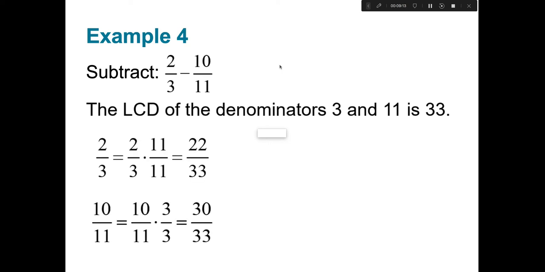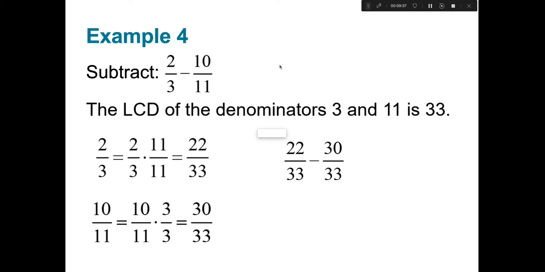So we now have 22/33rds minus 30/33rds instead of 30 minus 22. What is that going to give us when we subtract? A negative. So what is my answer? Negative 8/33rds.